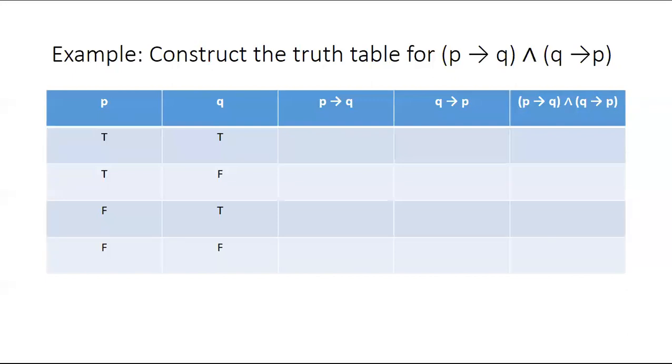Let's do an example. Construct the truth table for P implies Q and Q implies P. I'm going to write the P values true, true, false, false, Q values true, false, true, false.